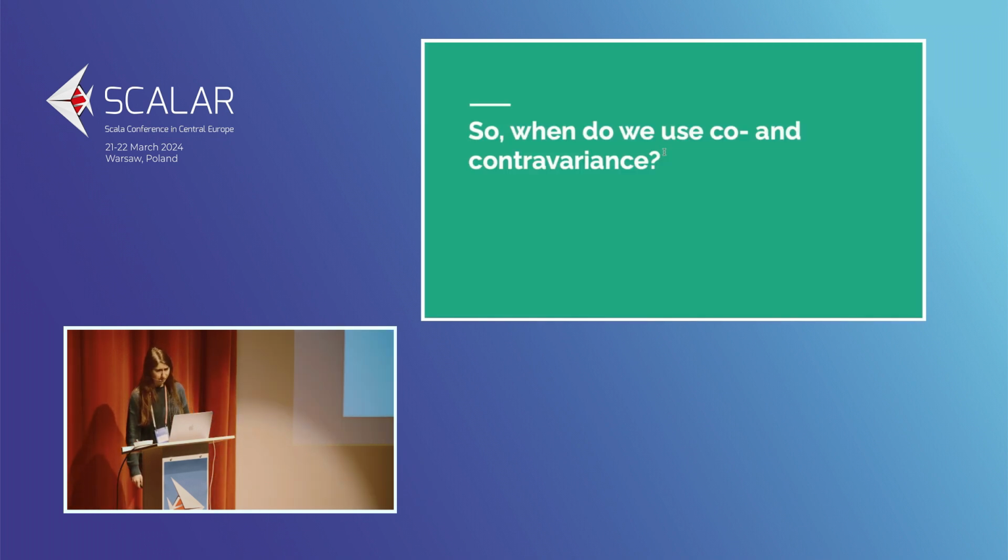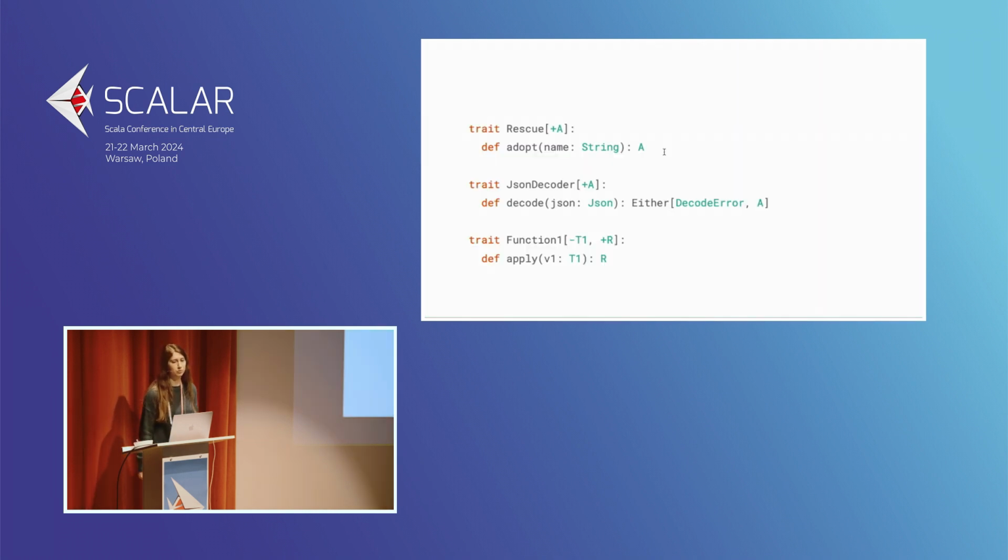So by this point, you may have started to see a pattern here. These are the examples that we looked at where we encountered covariance. And if you look closely, you'll notice that the A type parameter here, the covariant type parameter, tends to always be used in the output. And inversely, when we looked at contravariance, we looked at type classes where the type parameter tends to be used as an input.